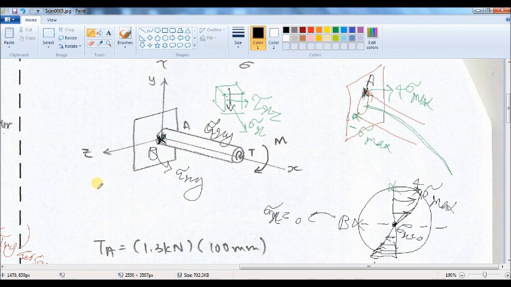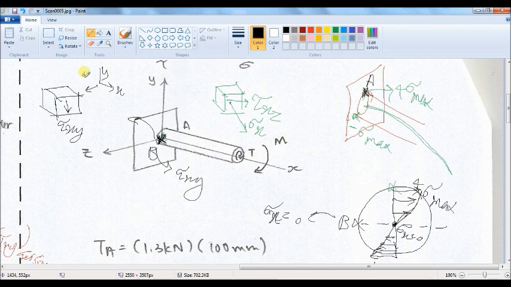If we draw an element, let me draw from the beginning. If I draw the stress element for this location, as I told you, sigma x is 0, so I don't need to draw it, right? And there will be a torsional shear stress in the y direction. So this is tau x y, and this is the x direction, like this, x y z.